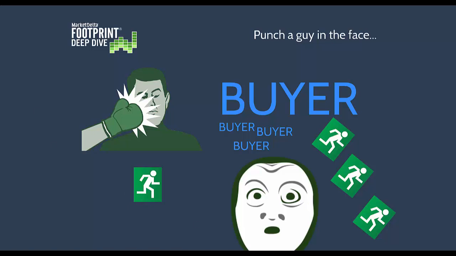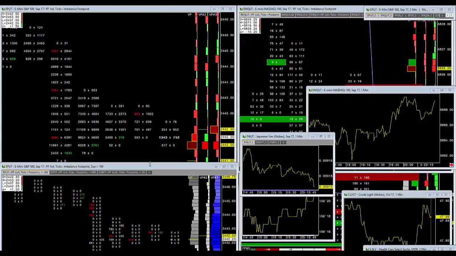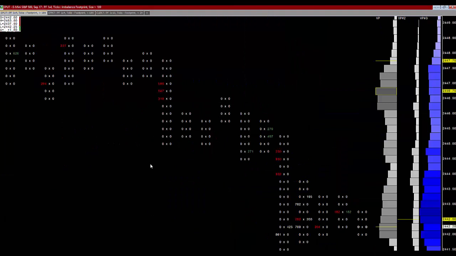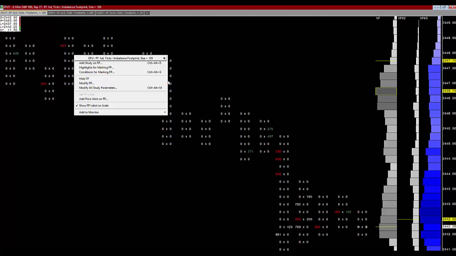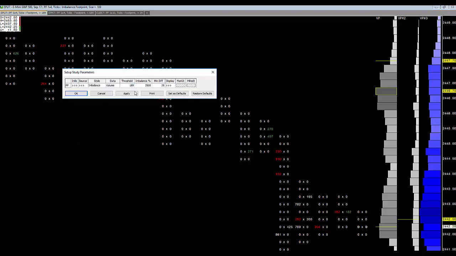But let's go over a chart right now and blow up the filter. Like I said, below my unfilter is a filter, and this is just for about 200 or more. If I right click, we'll find exactly what it is filtered for. 189 to be exact. That's under threshold here on the Market Delta desktop.